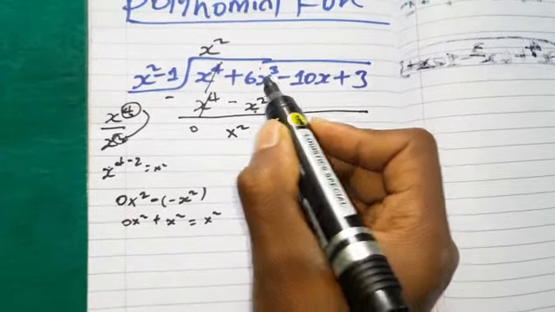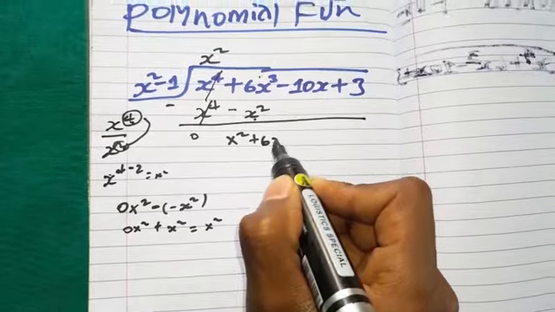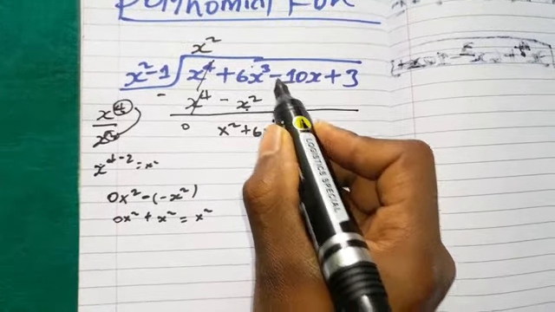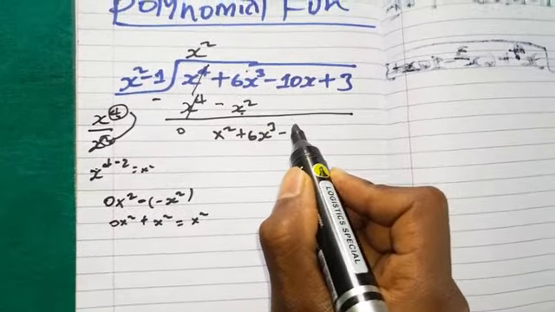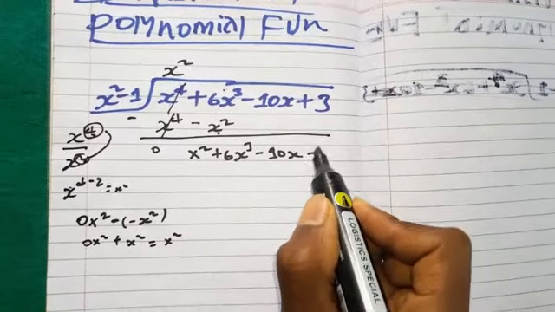Then there is plus 6x cubed minus 10x plus 3.